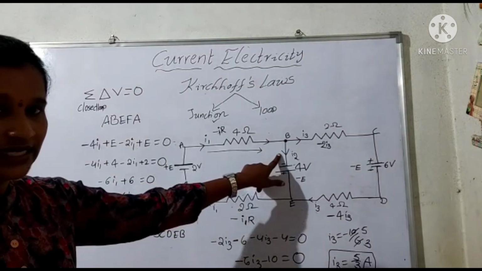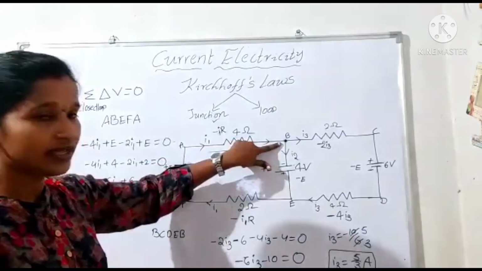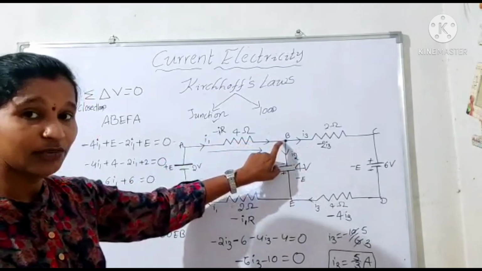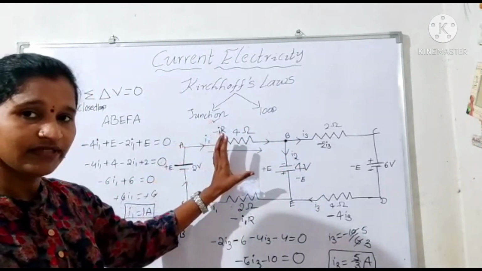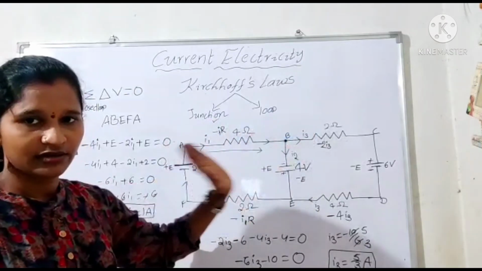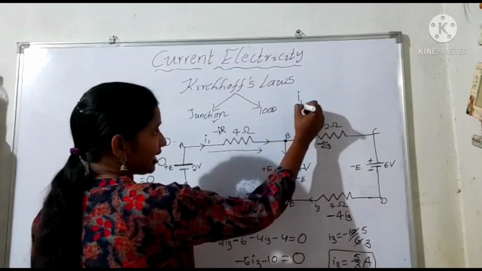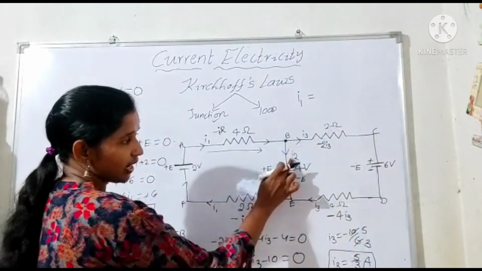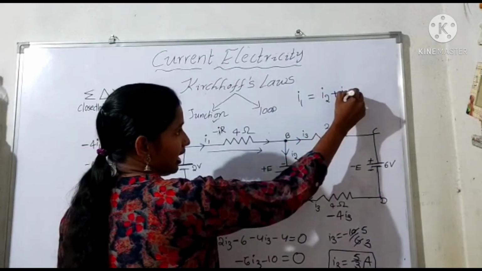Next we have to find I2. I2 we can find; see the diagram here. At B, I1 is entering, I3 and I2 are leaving. This is a junction point. You know the junction rule, right? The sum of the entering currents equals the sum of the leaving currents. Now here we can use that formula. So I1, the entering current, equals the leaving currents, two are there, I2 plus I3.